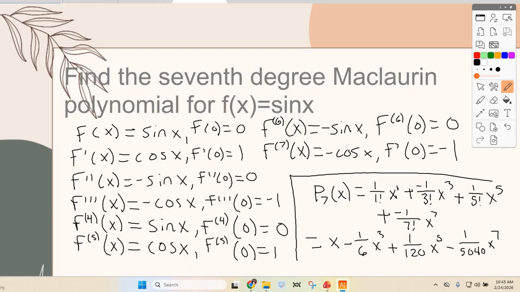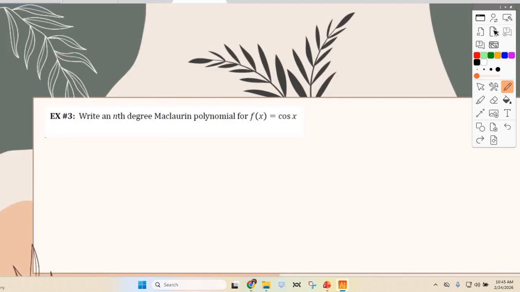What questions do we have on that one? What we have to do here then is we're going to take what we looked at before with our cosine, and we are now going to see if we can come up with a general formula.